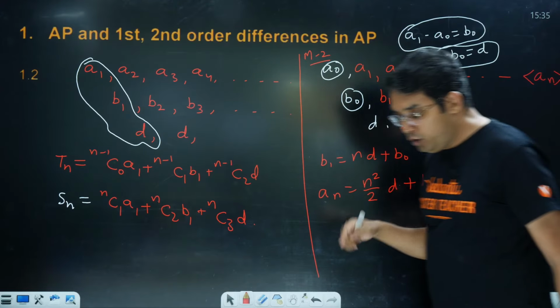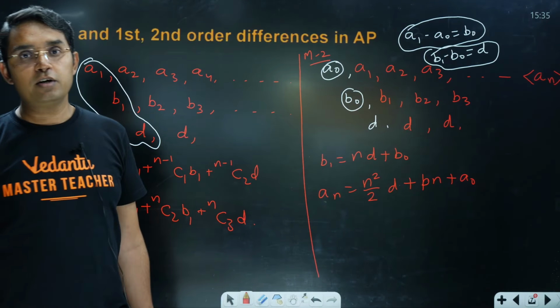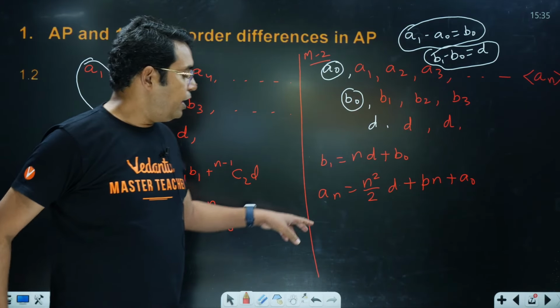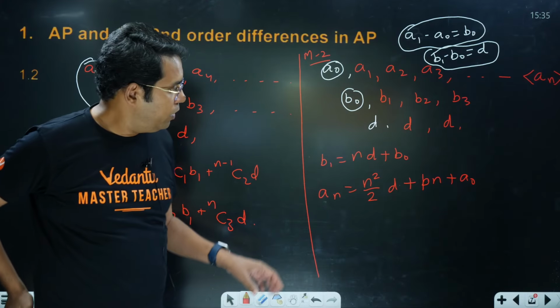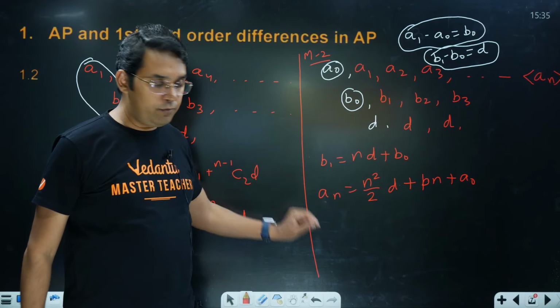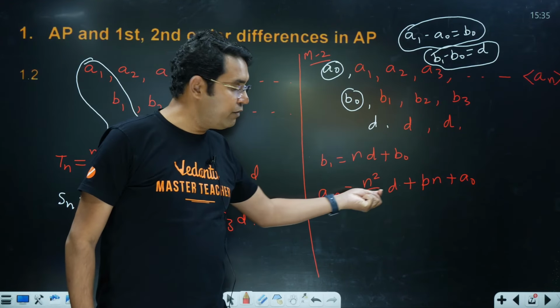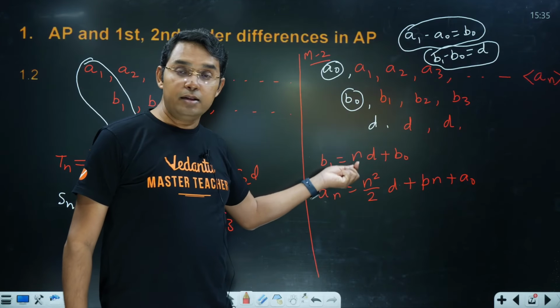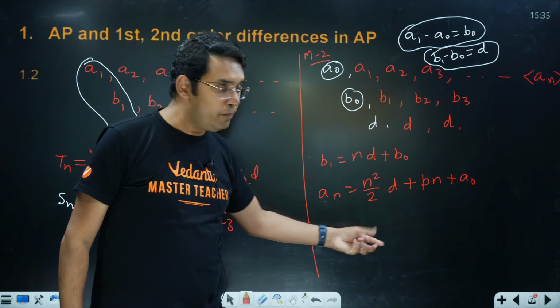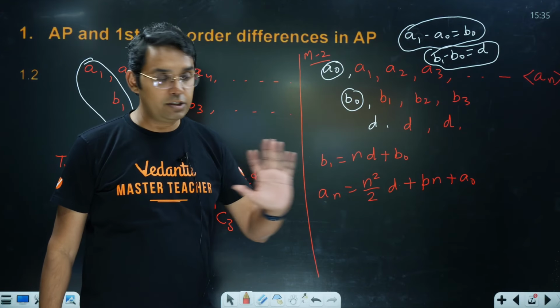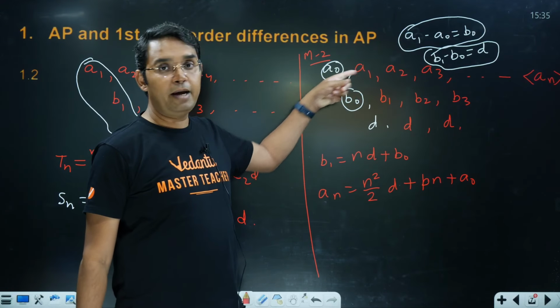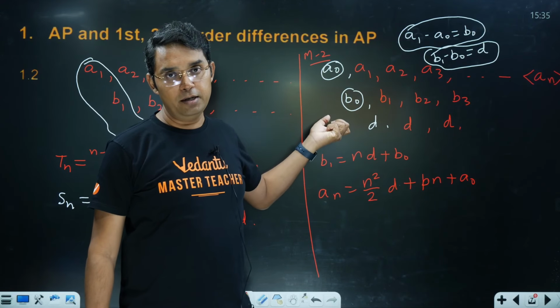Now you may know that when the first order difference is an AP, then the nth term is quadratic. Can you see that the nth term will have the coefficient of n square as d by 2, and this we have done just by integration, and A0 by following the pattern backward.